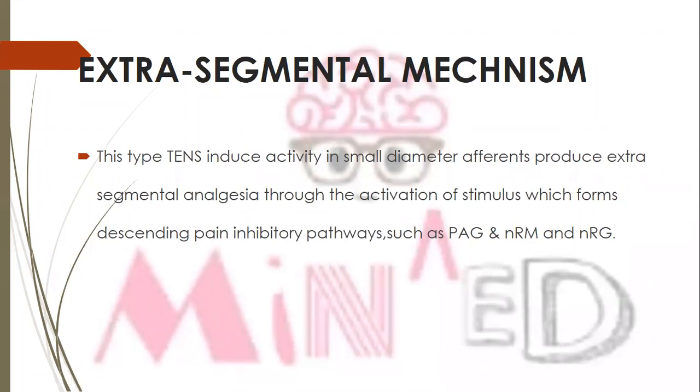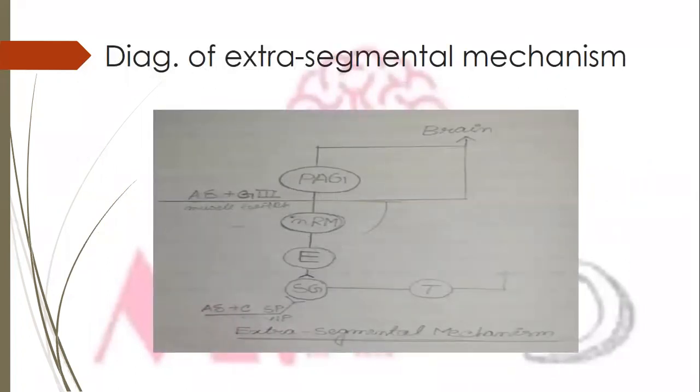So if you apply the acupuncture-like TENS, the low frequency, high intensity TENS, the patient may complain about an uncomfortable sensation, and it may be painful for the patient. Okay, so next is the extrasegmental mechanism, the pathway total.